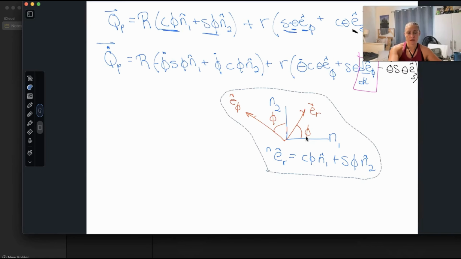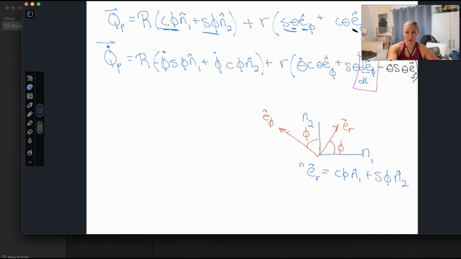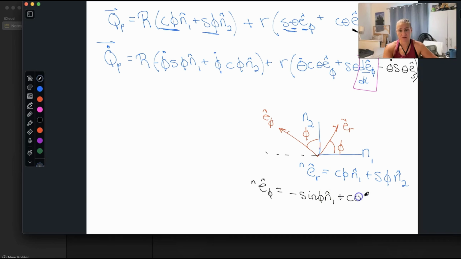I have an expression for ER, but I'm looking for the derivative of E phi. So I want an expression for what E phi equals in the N frame, and that is going to equal negative sine phi N1 plus cosine phi N2.